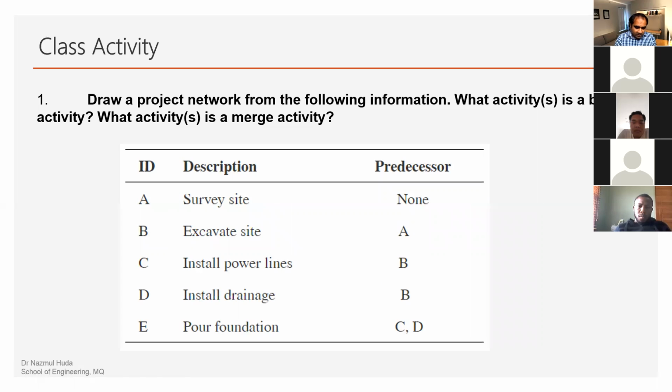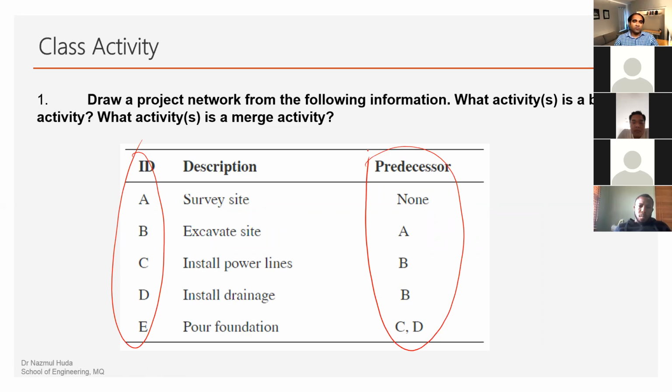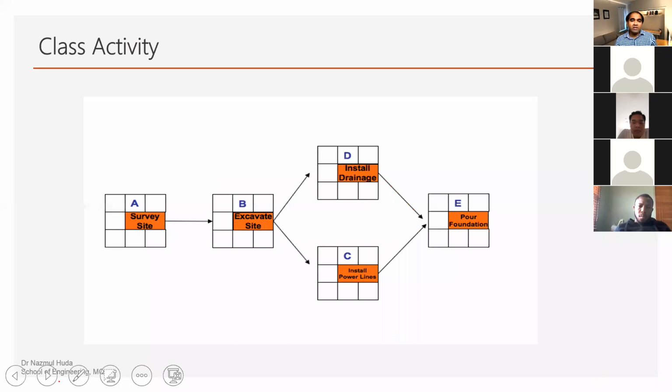So you check the ID number and what is the predecessor activity. For A, there is none, so A is the very first activity. Then D should be preceded by A, C by B. It goes like that. Then you start forming the project network diagram.